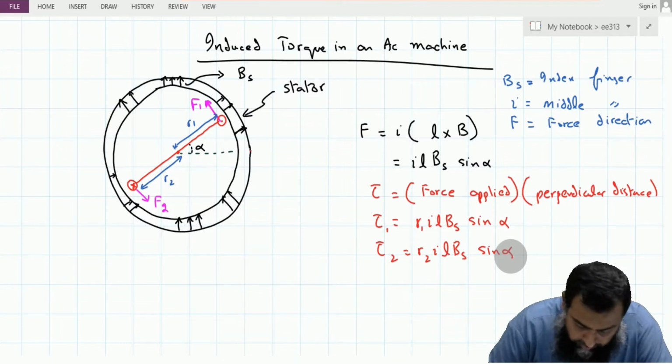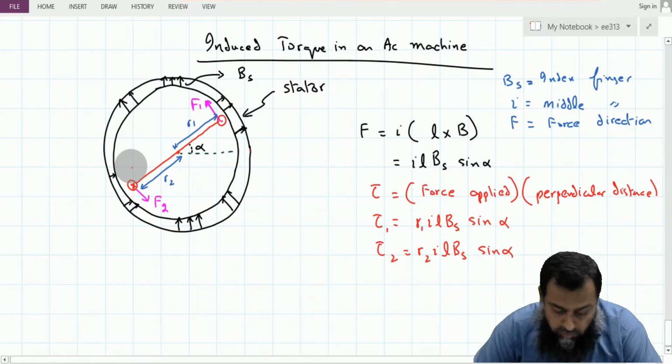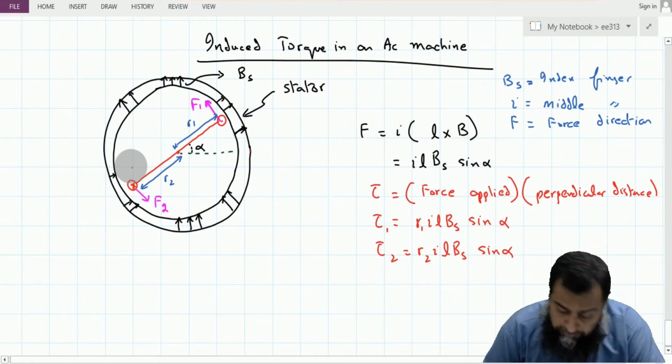Now, owing to the symmetry of the rotor circuit, we assume that the rotor is exactly symmetrical.